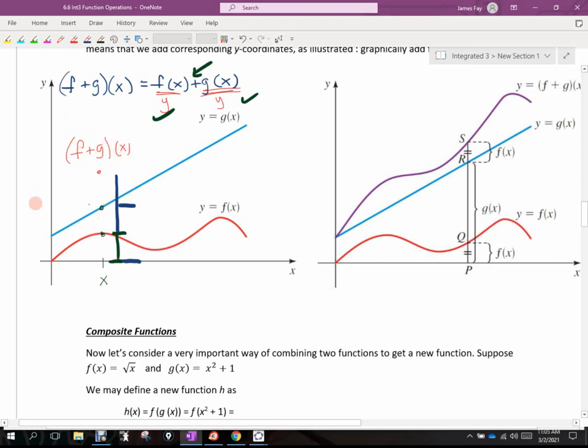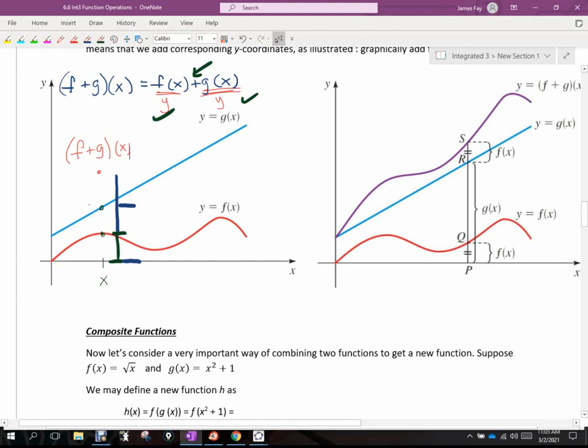So that point right there is the y value that is defined by f plus g of x. That's just for one x value, right? We're going to do it for an infinite number of x values to the right and to the left. If we keep doing that, we'll be adding different y values together all the time, and what we'll generate is this purple curve right here. Does that make sense?